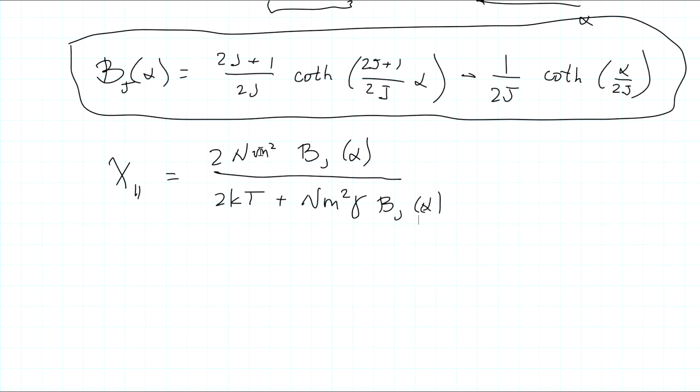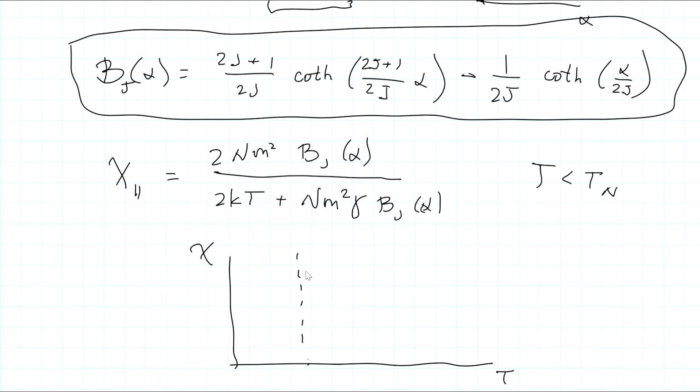So if we plot this, remember, we are looking at T less than the Néel temperature. If we plot the susceptibility against T, then above the Néel temperature, that's our Curie-Weiss law. That's basically Weiss theory.